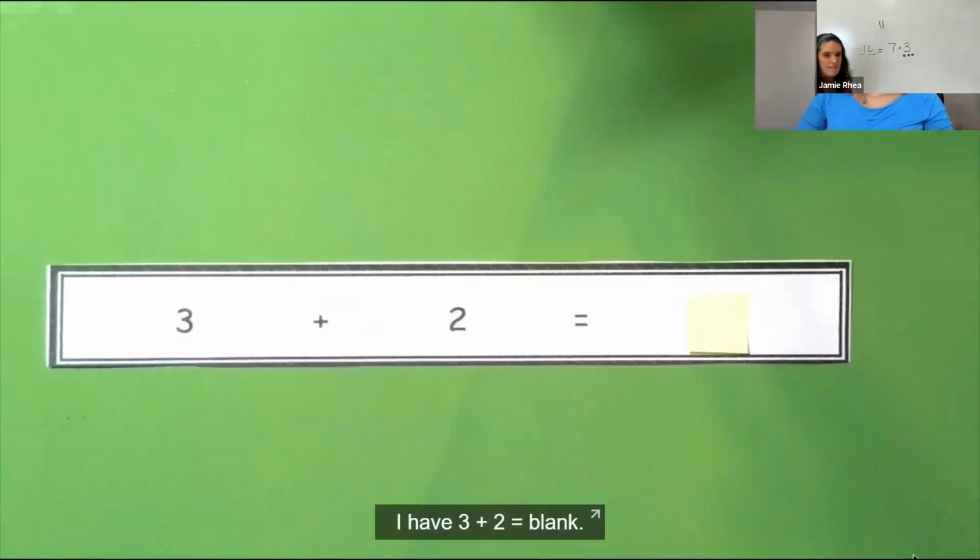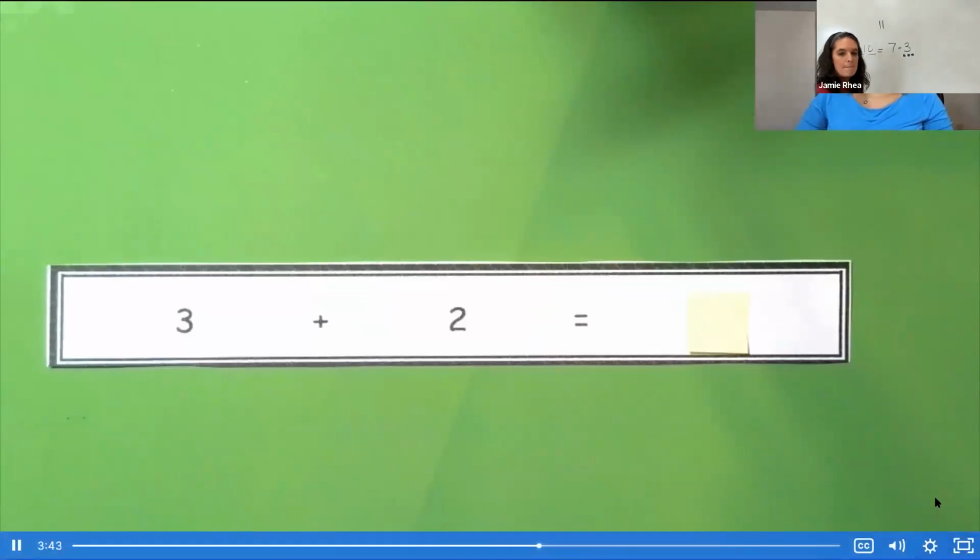I have 3 plus 2 equals blank. Okay, new problem. 3 plus 2 equals blank.